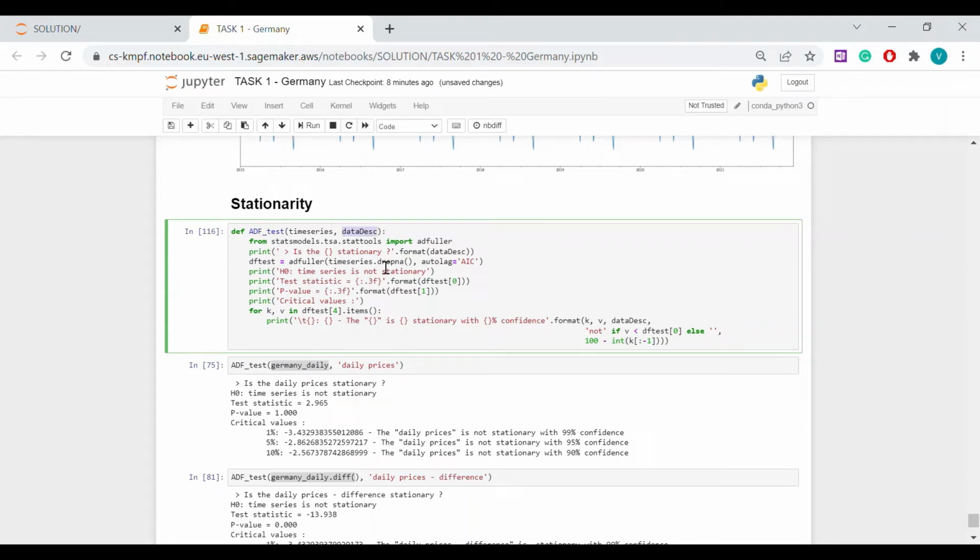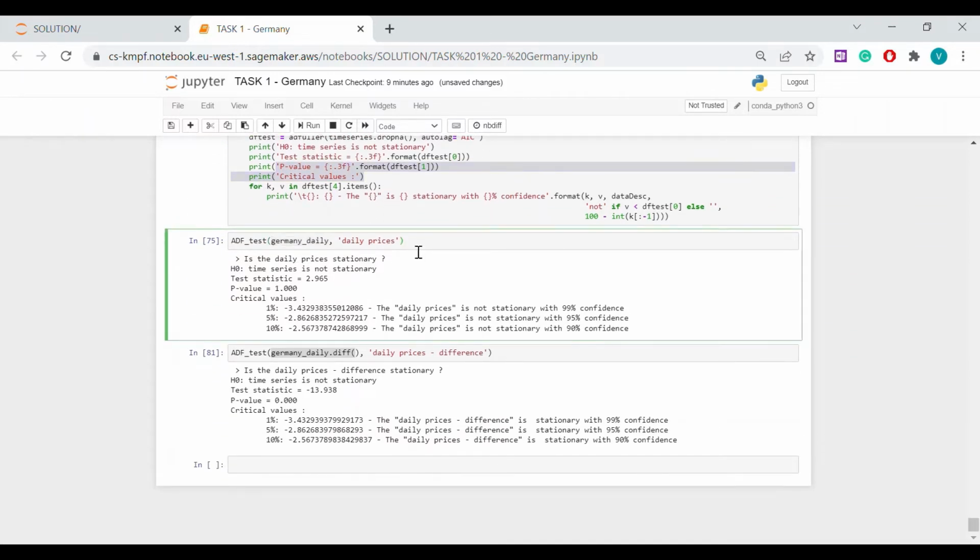The test itself is the augmented Dickey-Fuller test taken from the statsmodels library. And our function also prints the null hypothesis, which is that the time series is not stationary, the test statistic, p-value, and critical values for 1%, 5%, and 10%.